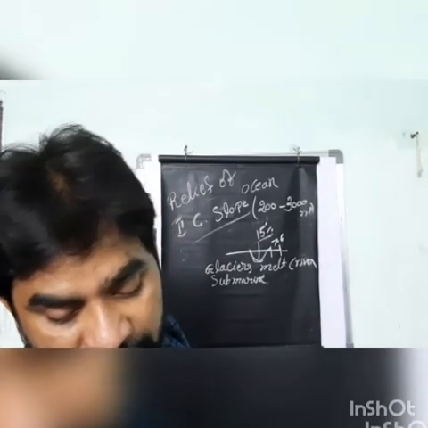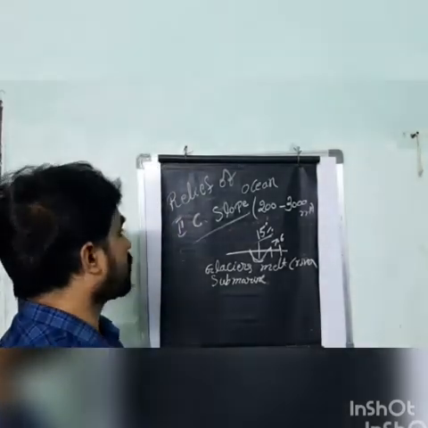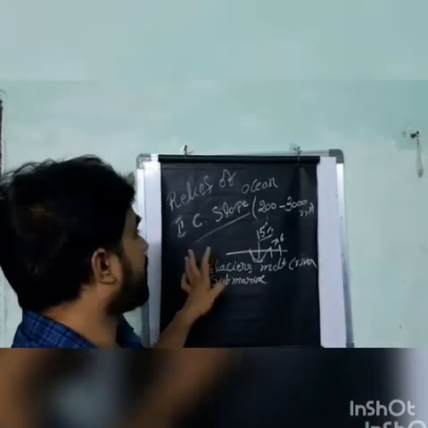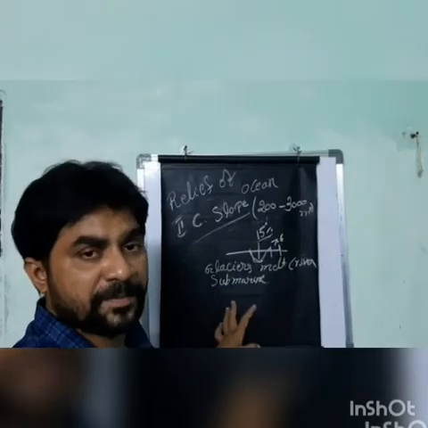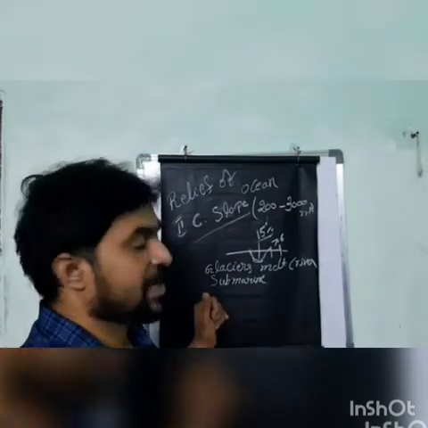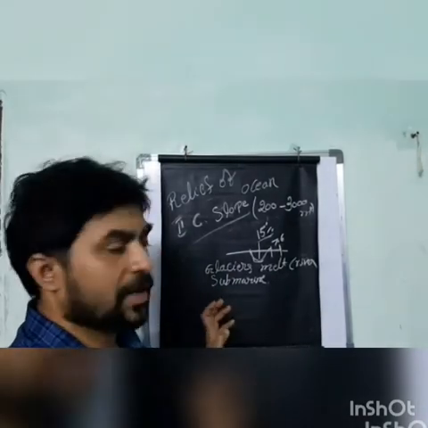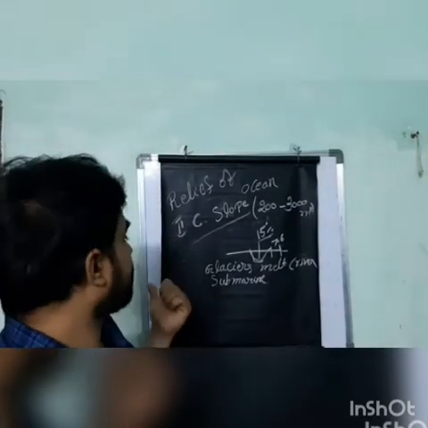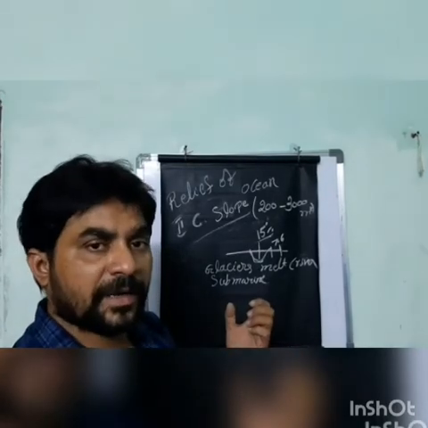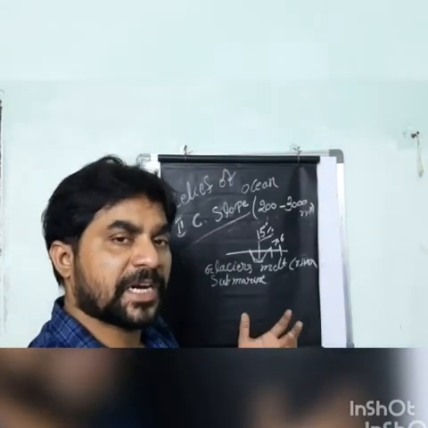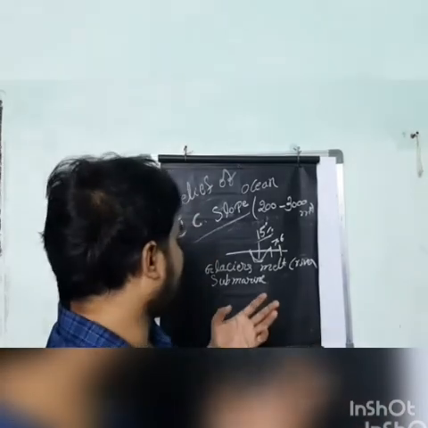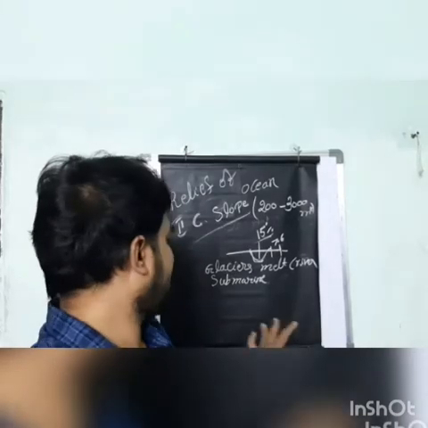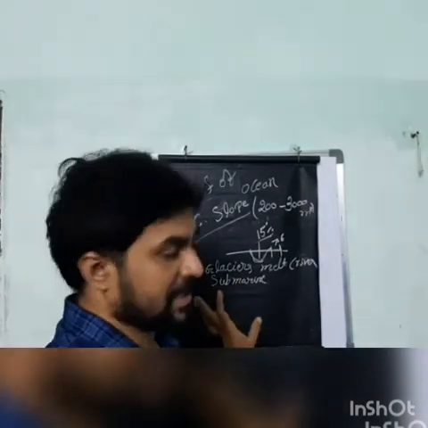So the second one is the continental slope. The distance is between 200 meters to 3000 meters. It occupies 15 percent of the ocean, and the uses of this slope are that glaciers melt and the water flows like a river, and submarines can also enter.